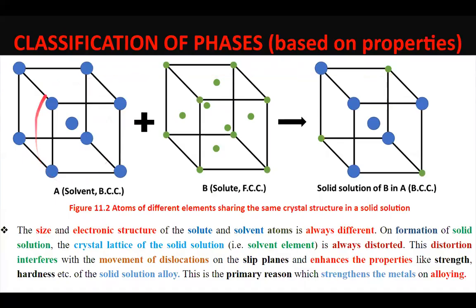Initially, one type of atoms were in one type of unit cell, but here more than one type of atoms of different electronic structure and of different size are now sharing a common unit cell. This leads to distortion of the unit cell.